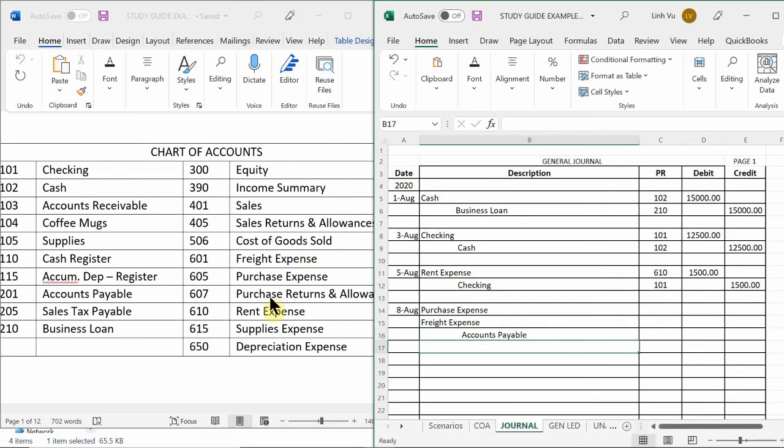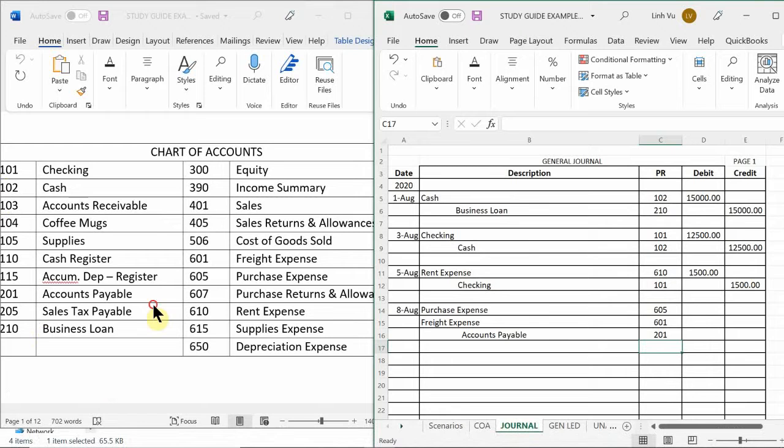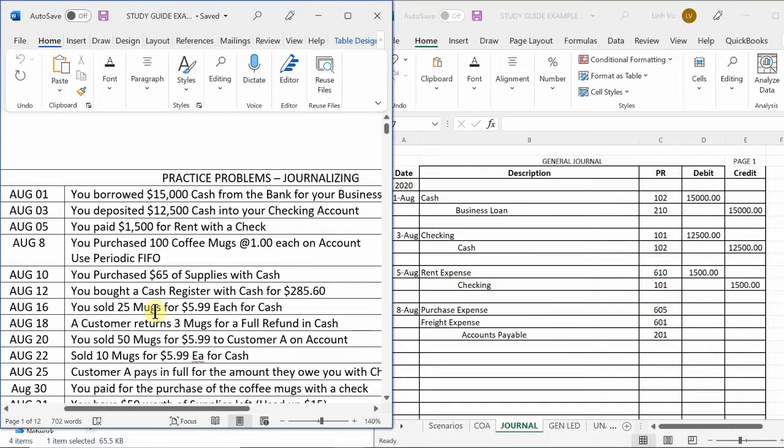Okay? So purchase expense is 605, freight expense is 601, and accounts payable is 201. Okay? So let's go ahead and take a look at the journal one more time.